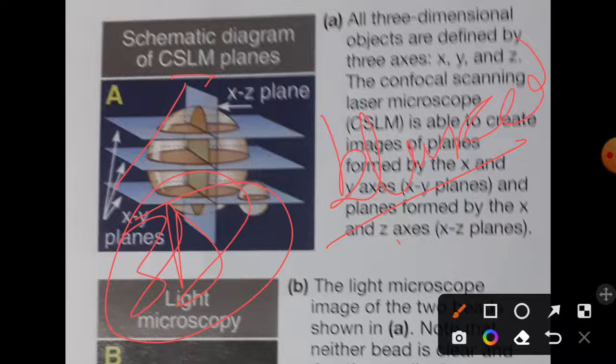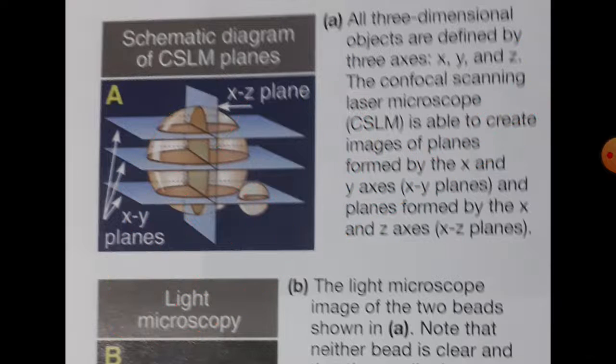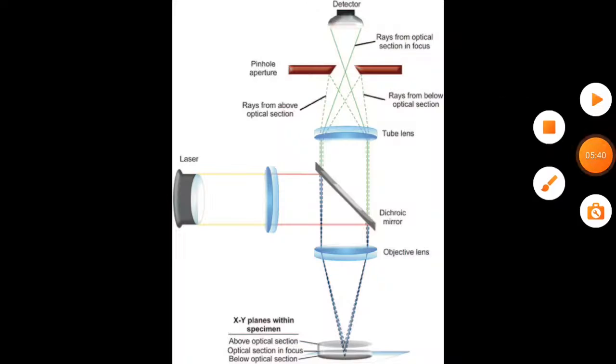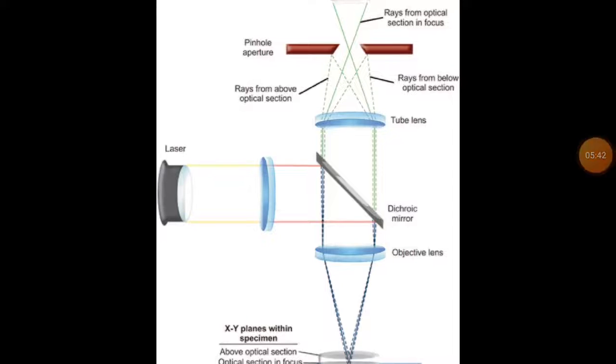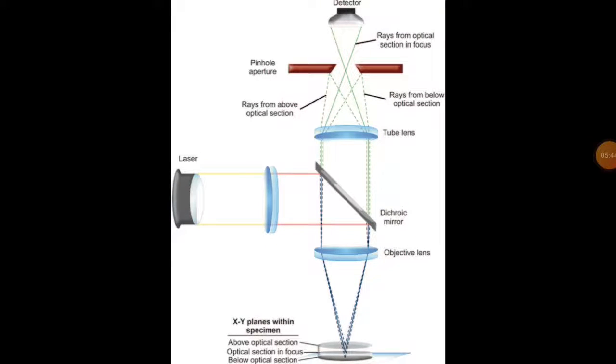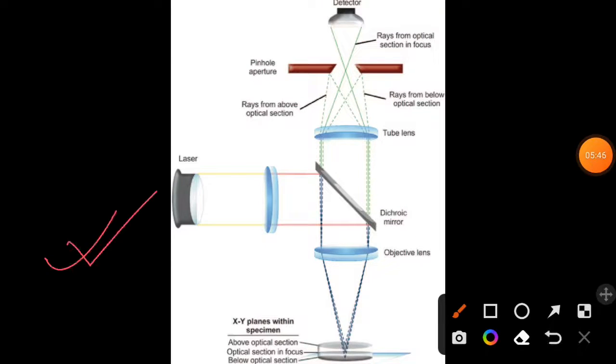Both problems will be solved by confocal scanning laser microscopy. Coming back to the ray diagram, I think you can easily identify that this ray diagram is quite similar to what we have learned in epifluorescence microscopy. And if you are thinking about this, yes, you are absolutely right. The only difference is the pinhole structure.